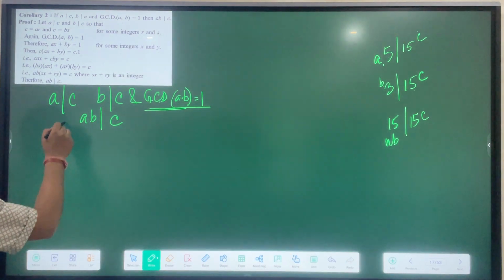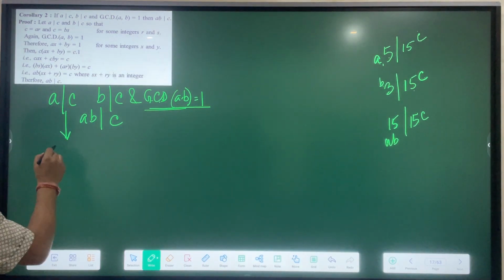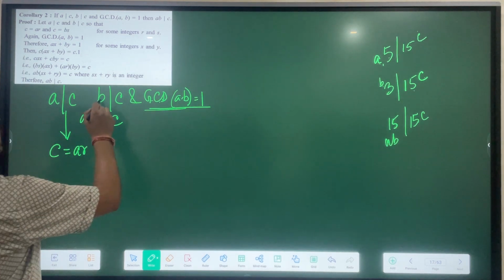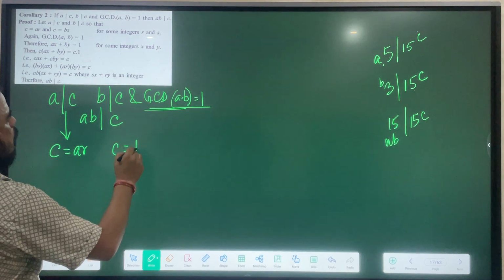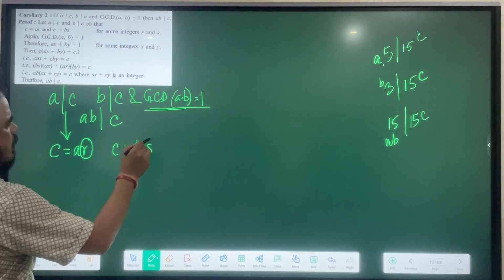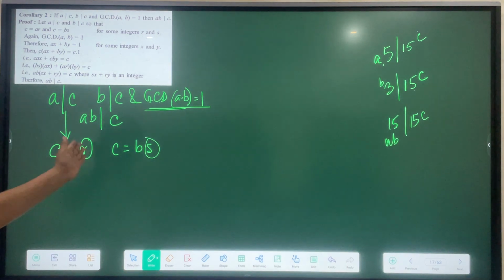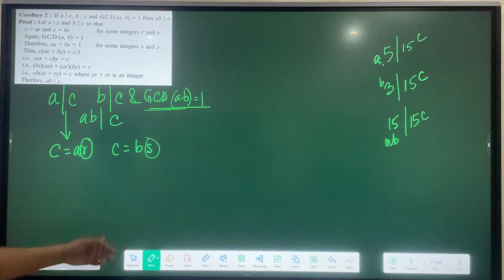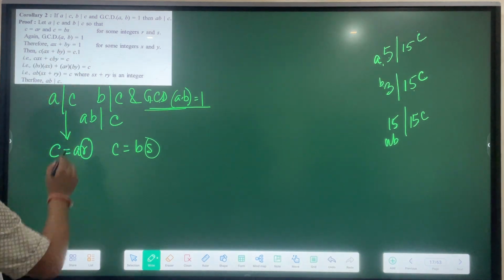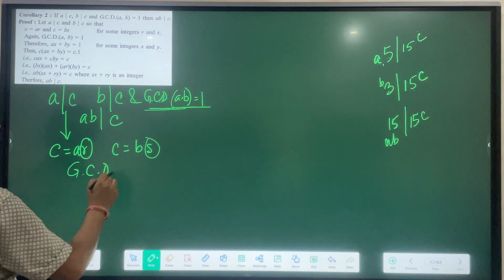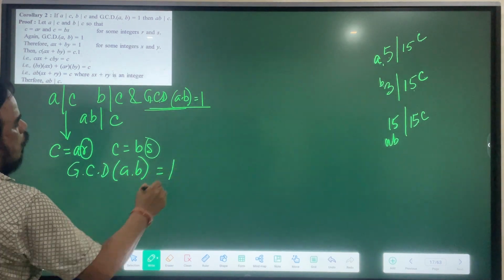So since a divides c, c equals ar. b divides c, so c equals bs. Here r and s are simply taken as integers, any integers. You can take x, y also, you can take p, q, no problem. So GCD of a and b is given as 1.